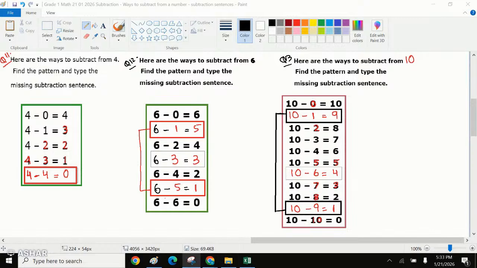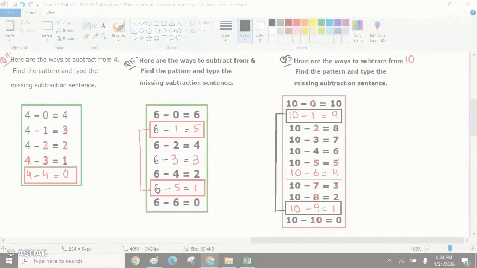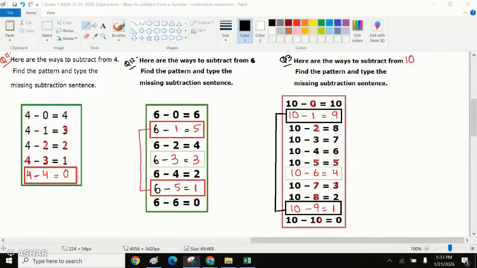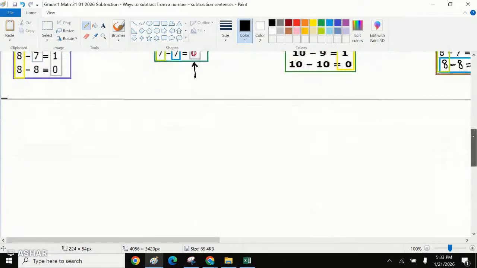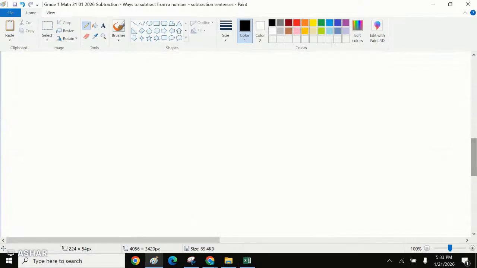Okay, the first question which is given to us says, here are the ways to subtract from 10. Find the missing statement, right? I'll say this is the test. This is our test, the questions from the test.